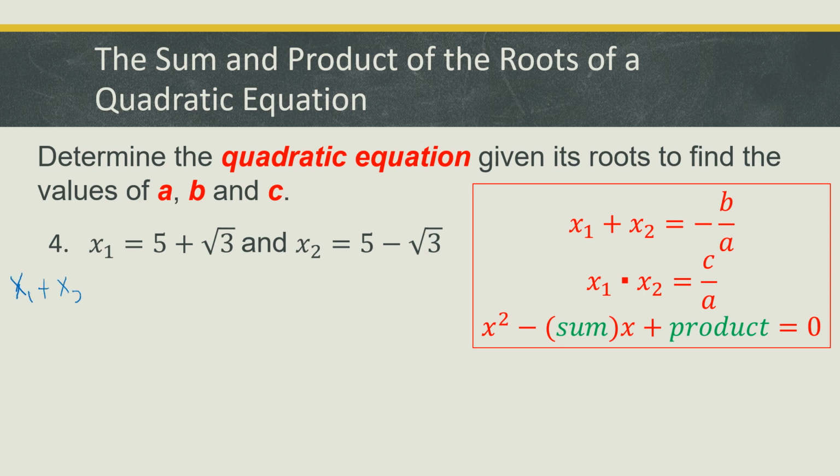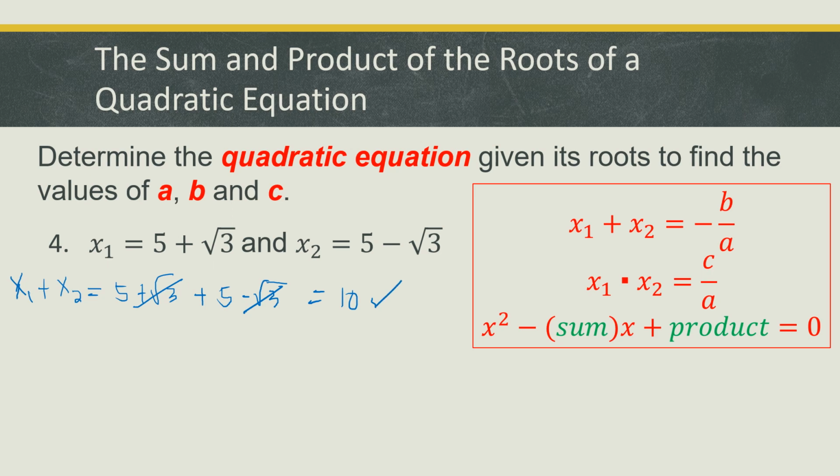X sub 1 plus x sub 2. We have 5 plus the square root of 3 plus 5 minus square root of 3. We just need to combine like terms. 5 plus 5, that is 10. Positive square root of 3 and a negative square root of 3 is 0. Therefore, the sum is 10.